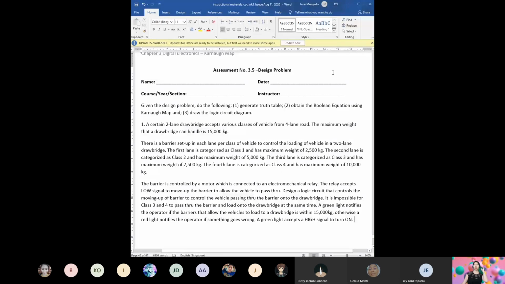Actually, nag-enjoy ang mga students ko sa subject na to because they were able to learn. Nag-enjoy din ako. Papa-actual ako dito sa BEng. Ang background ng BEng is civil, archi, mechanical.